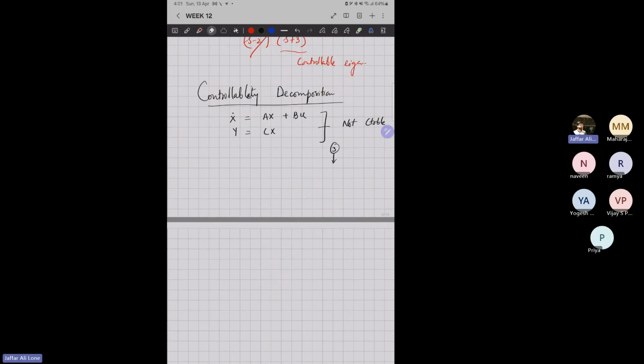So in that case, if my system is not completely controllable, then we can always decompose it into the controllable and the uncontrollable part, right?